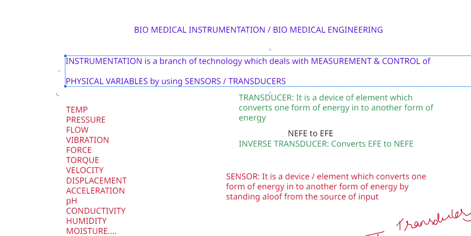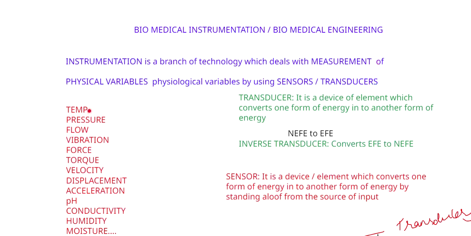So, what are these physiological variables? For example, if I want to measure the temperature of a winding in a motor, that is called a physical variable. If I want to measure the temperature of a human body, that is called a physiological variable.